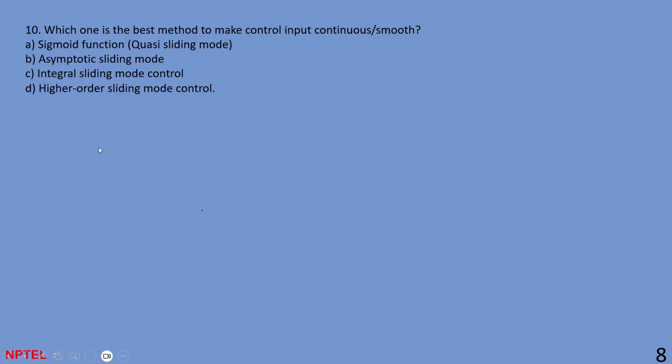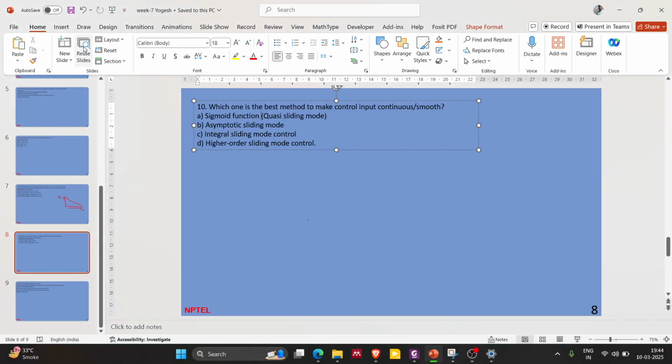And this is the question: which one is the best method to make control input continuous and smooth? Is it a sigmoid function, a quasi sliding motion, an asymptotically sliding mode, an integral sliding mode control, or a higher order sliding mode control?